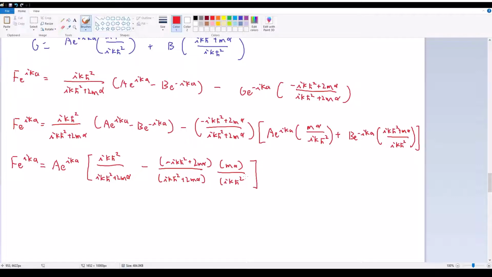Is this correct? Stuff at the front, that's right, and then subtracted by everything at the back.